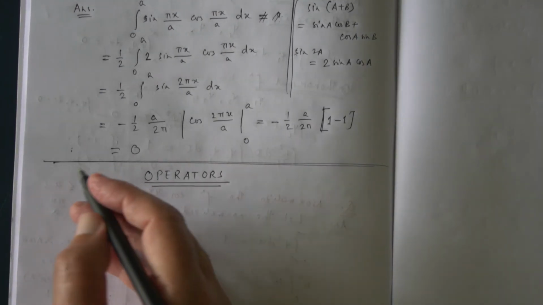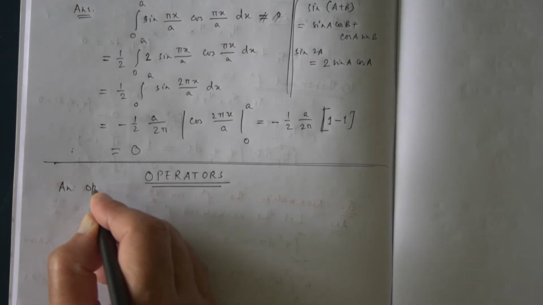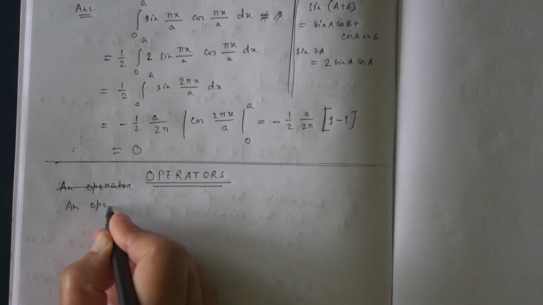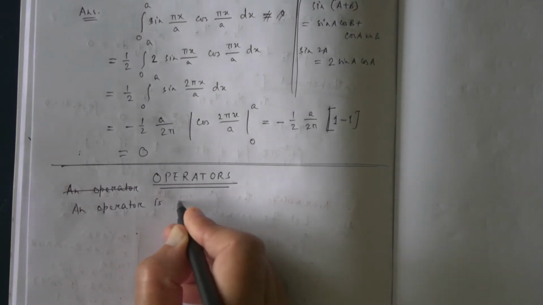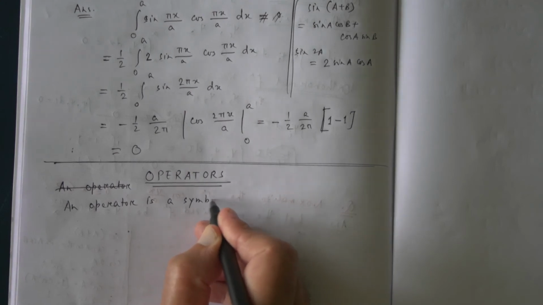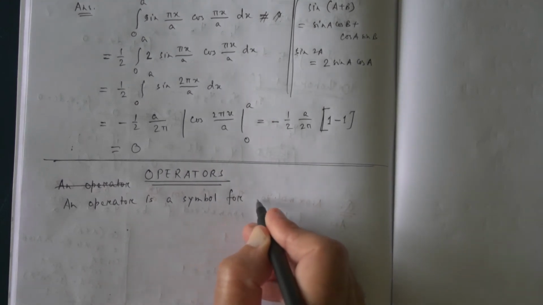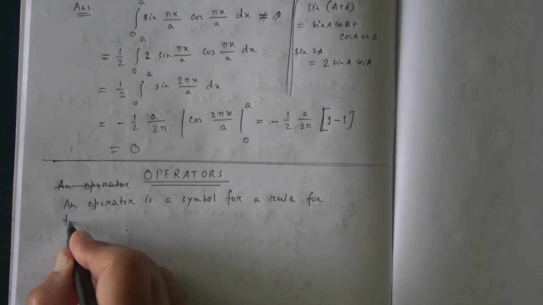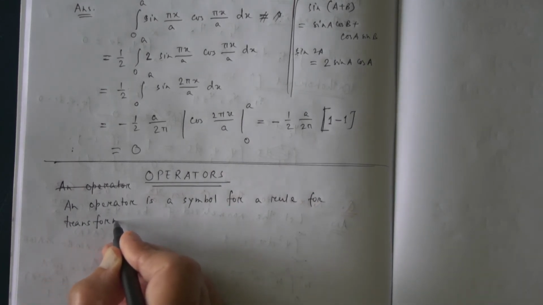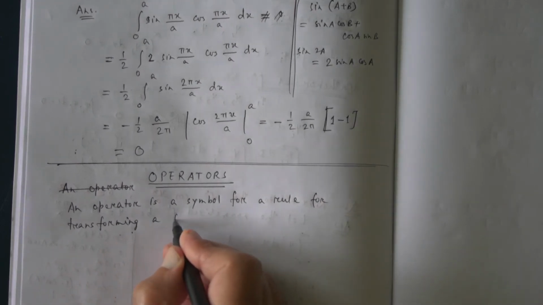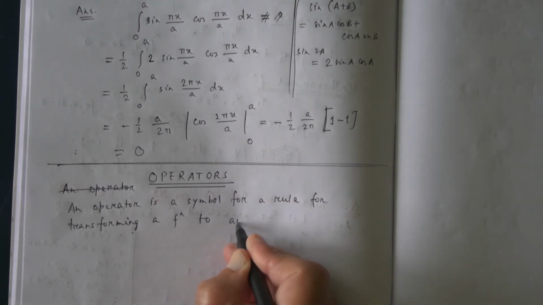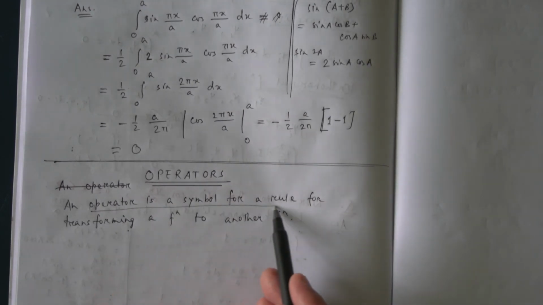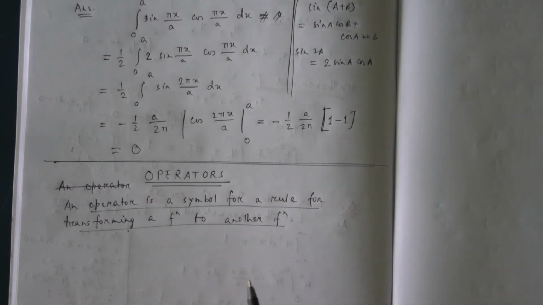And we can write it like this: an operator is a symbol for a rule for transforming a function to another function.